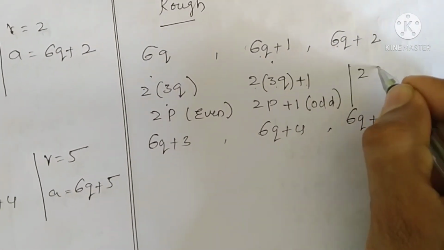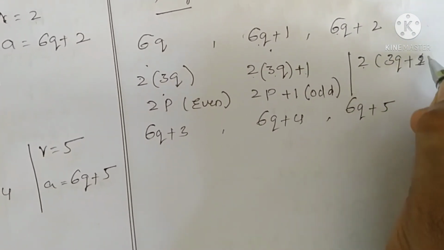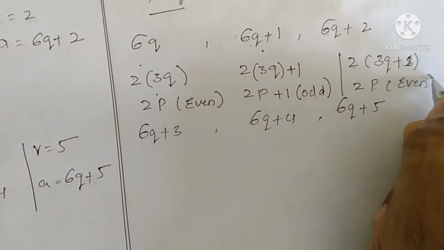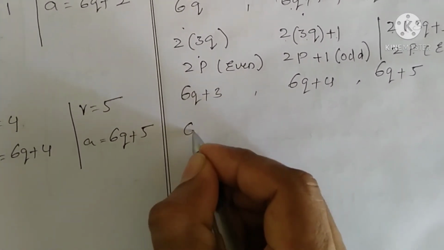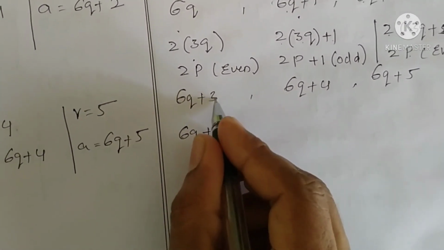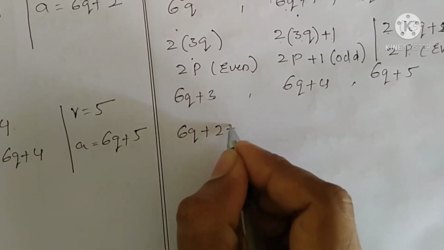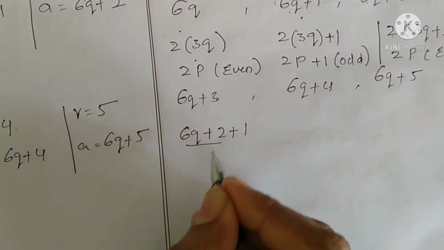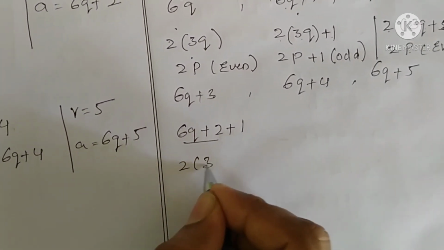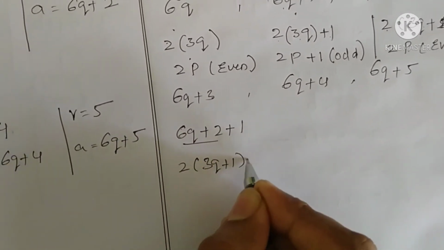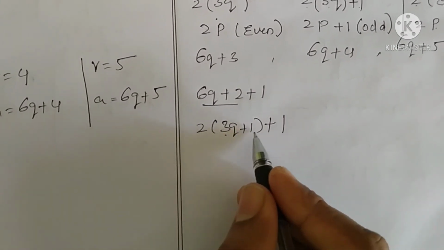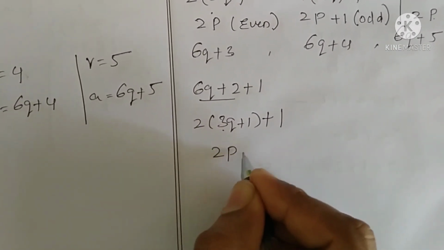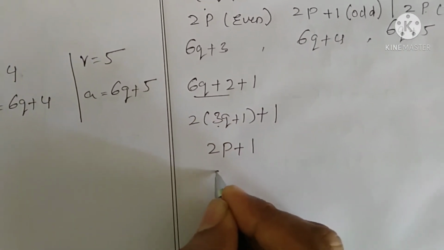Here 2 is common, the remaining terms are 3q plus 1. Next, 6q plus 3. Here also 2 is common. So split 3 into 2 plus 1, so 2 is common, 2 into 3q plus 1, again plus 1. Here let's assume p is equal to 3q plus 1. So that is equal to 2p plus 1. It is an odd series.